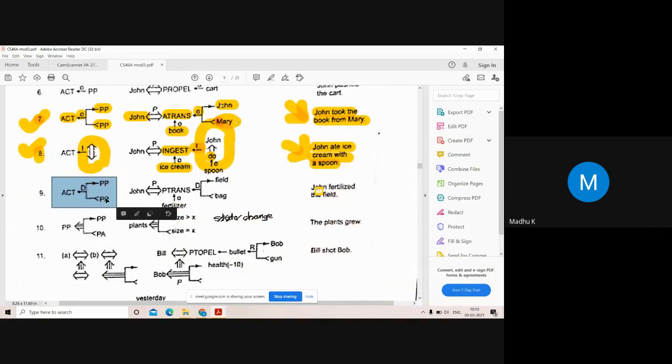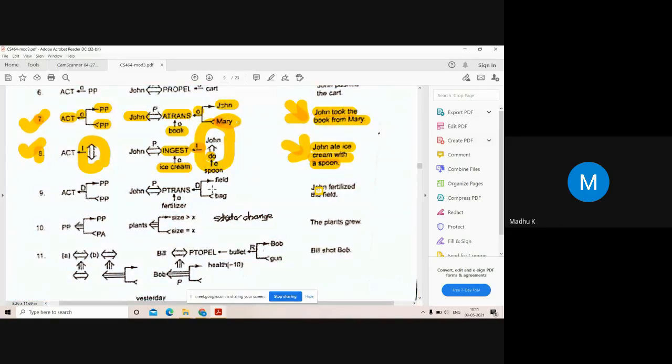In this case, we use P trans, and fertilizer is used as the object. Fertilizer is an object and we use the action as P trans. Basically fertilizer is the object used.